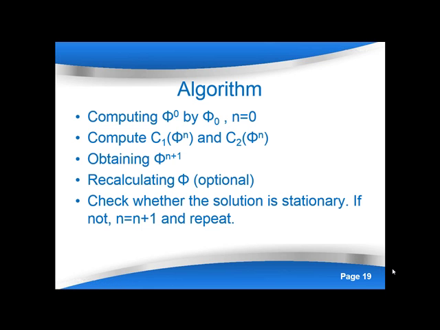To sum up, the most important steps of the algorithm are computing phi 0 by phi naught, computing c1 and c2, obtaining phi n plus 1, recalculating phi, and checking whether the solution is stationary. If not, adding 1 to n and repeating.